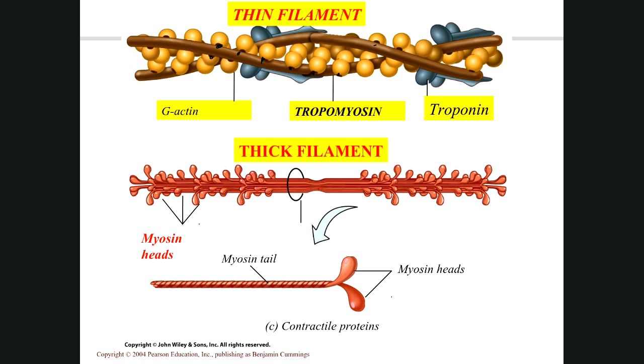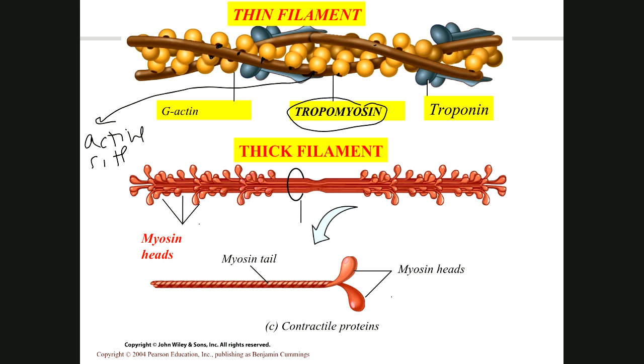So we have an active site of actin. Okay. So we have the actin with the active sites, and the active sites are being covered by this brown protein right here called tropomyosin. So we had actin, we have tropomyosin covering the active sites of actin.